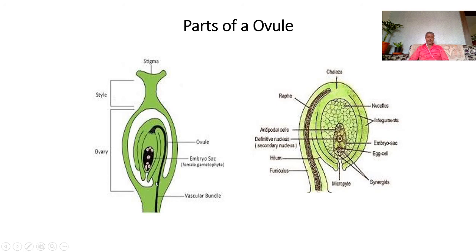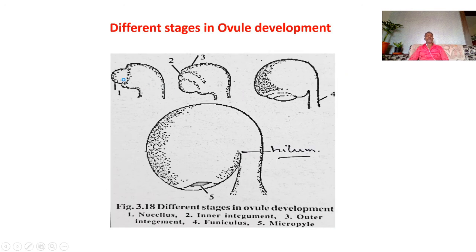So, the cells which are present in the outer layer of this placenta undergo periclinal divisions and form a papillae-like protuberance. Okay, this is known as nucellus. Slowly, on the nucellus grow integuments. They grow completely, leaving a minute space called micropyle.